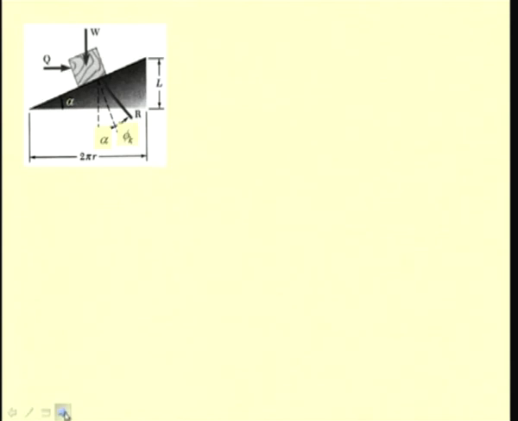Now let us write the virtual displacement. Let this weight W be raised by a virtual displacement delta s.